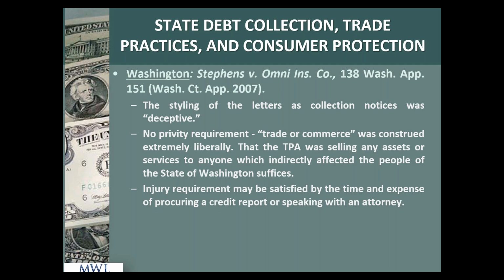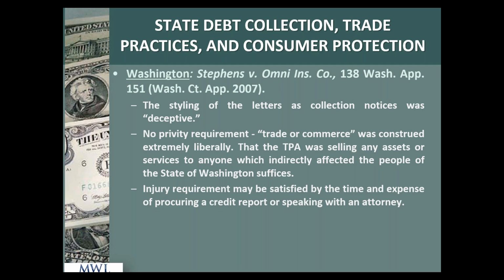They said as long as you are doing any sort of services that have a direct or indirect effect on anyone in the state of Washington, the act can apply to you. And the injury requirement they looked at, again, very liberally. They didn't want to set a high bar for that.